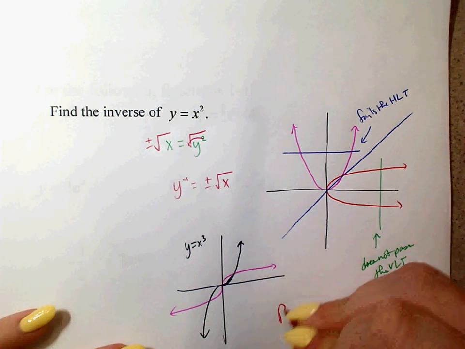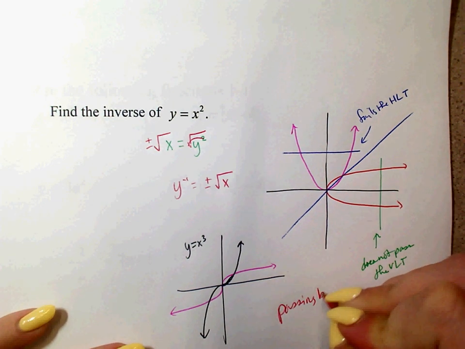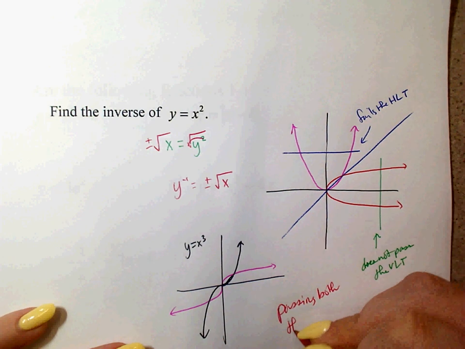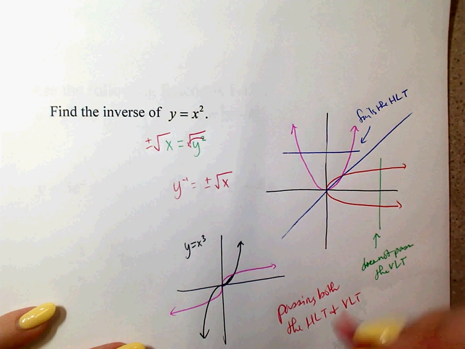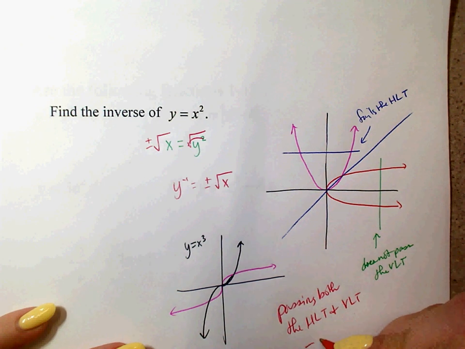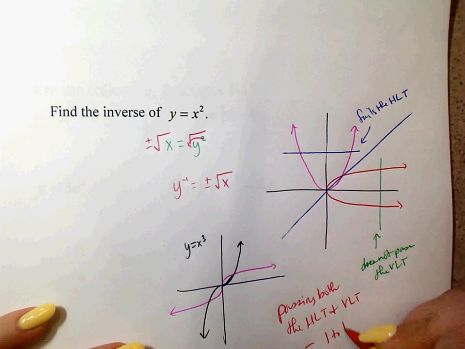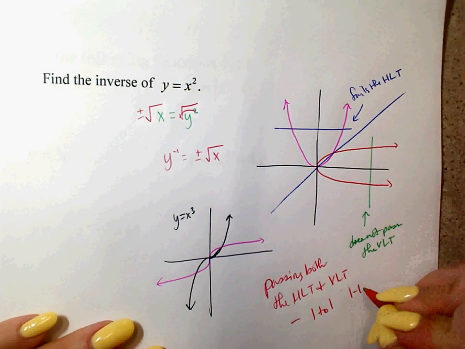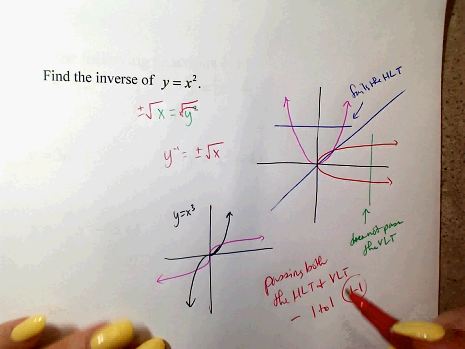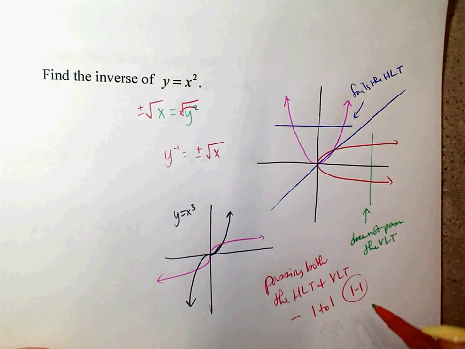Passing both the horizontal line test and the vertical line test means you are 1 to 1. And that just means for every x there's a single y, and for every y there's a single x.